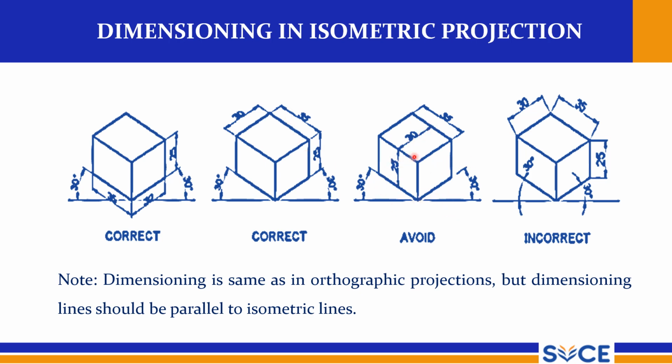So try to do the dimensioning inside the diagram, whereas here these are not at all parallel to the isometric axis, so this is not correct. Dimensioning is the same as in orthographic projection, but the dimension line should be parallel to the isometric lines. This constraint you have to follow everywhere.